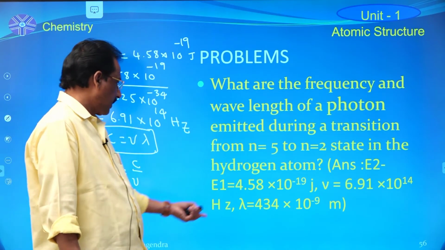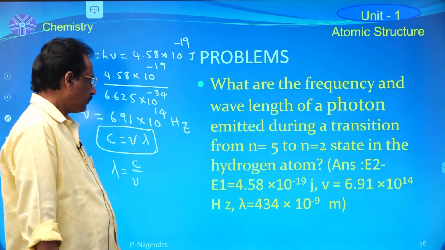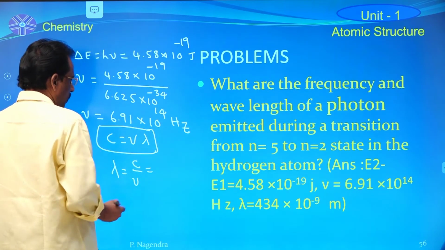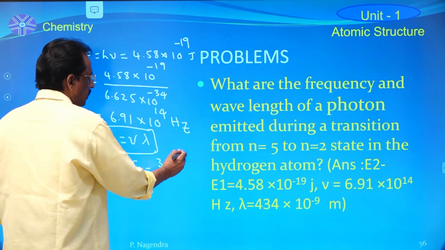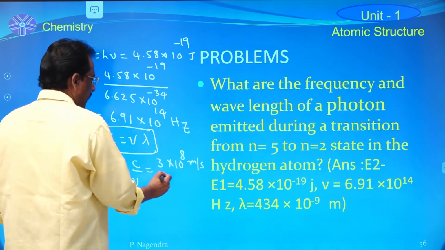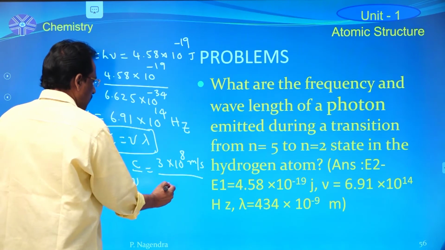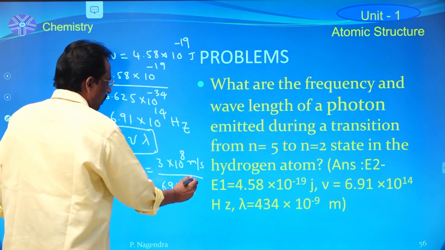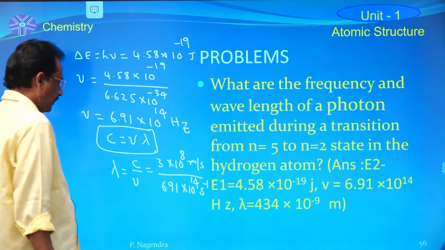If you want to calculate the wavelength in meters, now substitute the value of C in meters: 3 into 10 power 8 meter per second divided by the frequency, 6.91 into 10 power 14 second inverse.